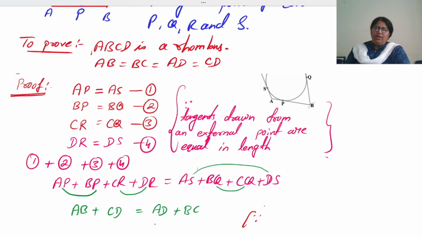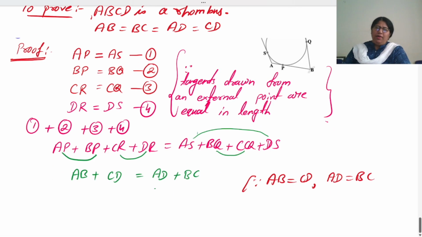So I can write down here AB is equal to CD and AD is equal to BC because opposite sides of a parallelogram are equal, right?